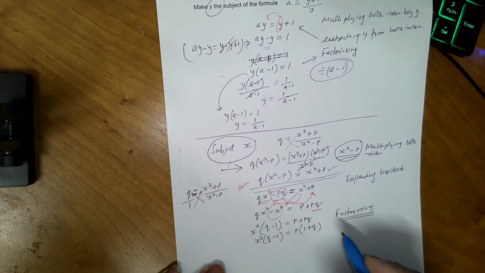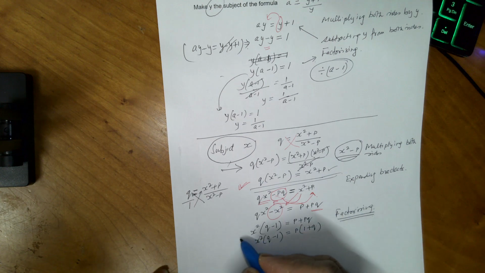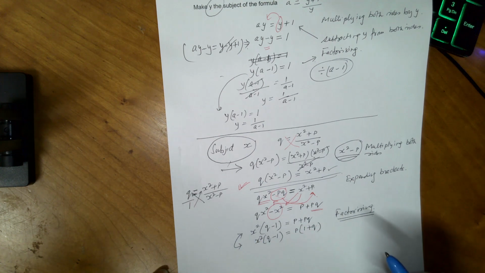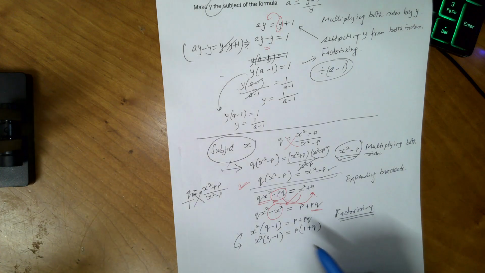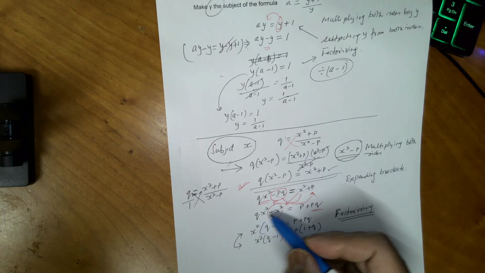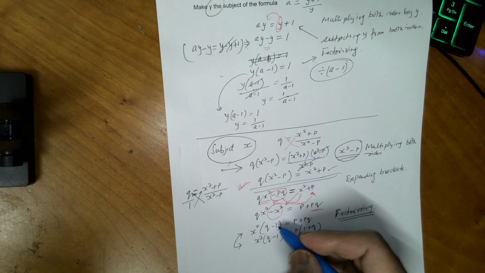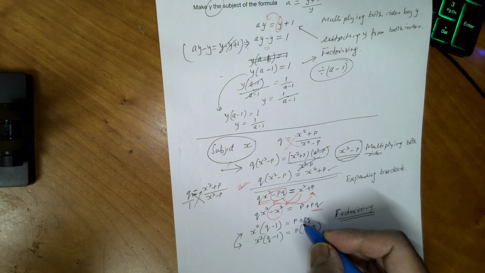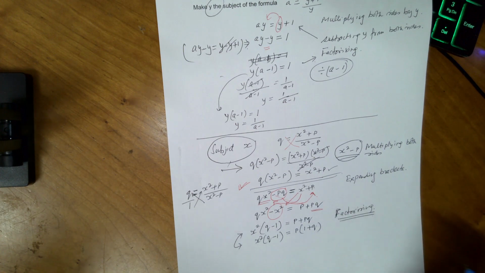Clear so far? So I just did factorizing in the two equations here. First I did this side, and in this equation I did this to the right side. First to the left, and then the right side one. Okay, just getting this x square out, so you are left with q minus 1, and then here factorizing the p, taking the p out, and that gives you 1 minus q.